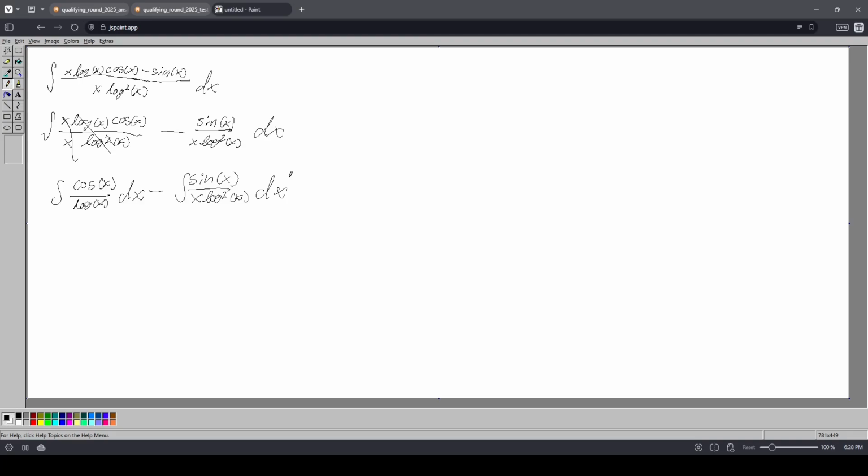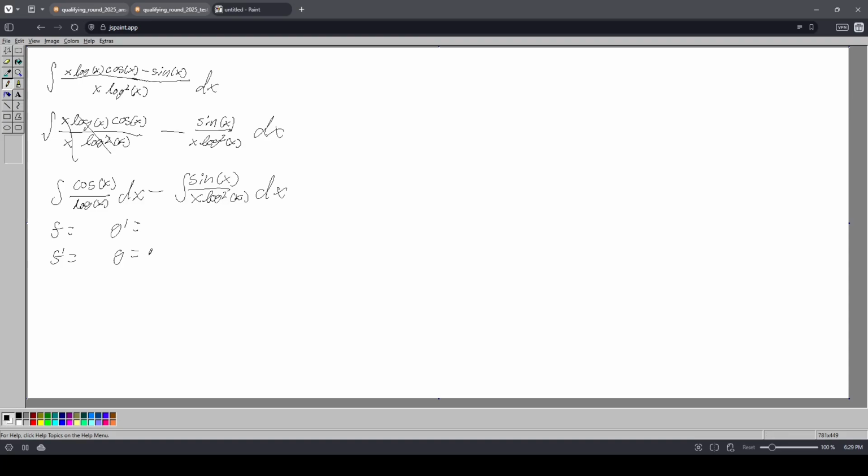One of them looks a lot nicer to deal with, and that's going to be our cosine over log. Now, to deal with this, we're going to have to do something we haven't done in this channel so far, and that's integration by parts. This is how I personally set up integration by parts.